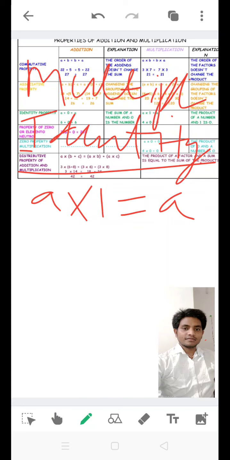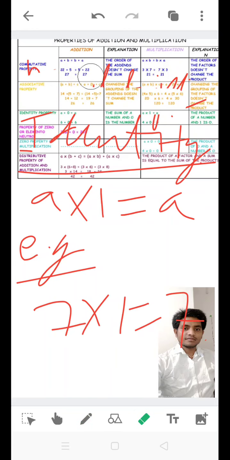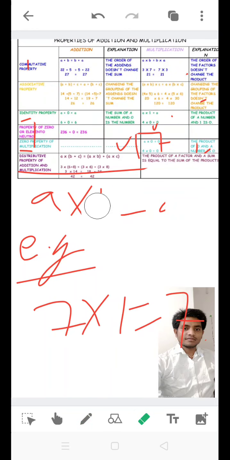A into 1 equal to A. That means if you take an example like 7 into 1 is equal to 7. When we multiply 1 with any number, then you get itself. Okay, dear student, I hope all of you understood this.